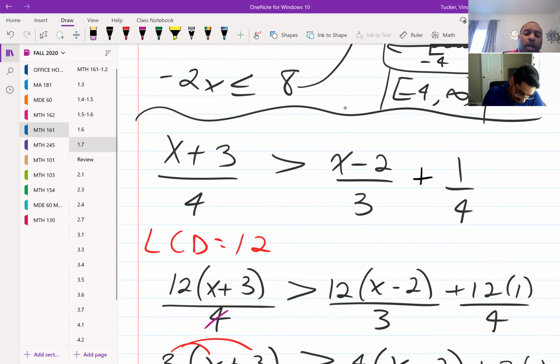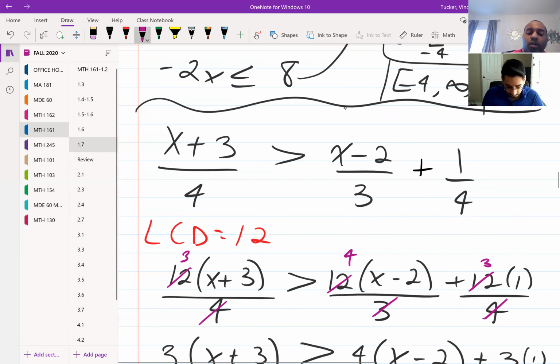So we multiply each term by that 12. 4 cancels into 12, leaves you with 3. 3 cancels into 12, leaves you with 4. 4 cancels into 12, leaves you with 3 again. And that gives you the result at the bottom.